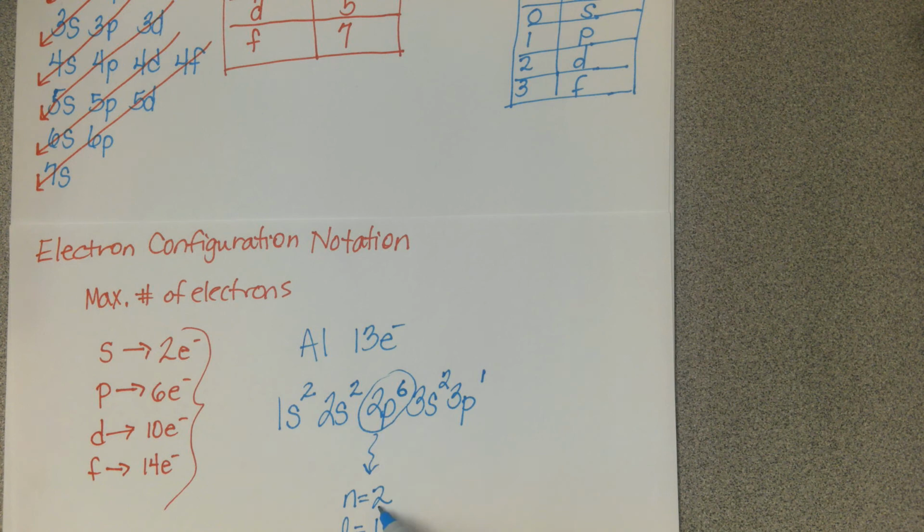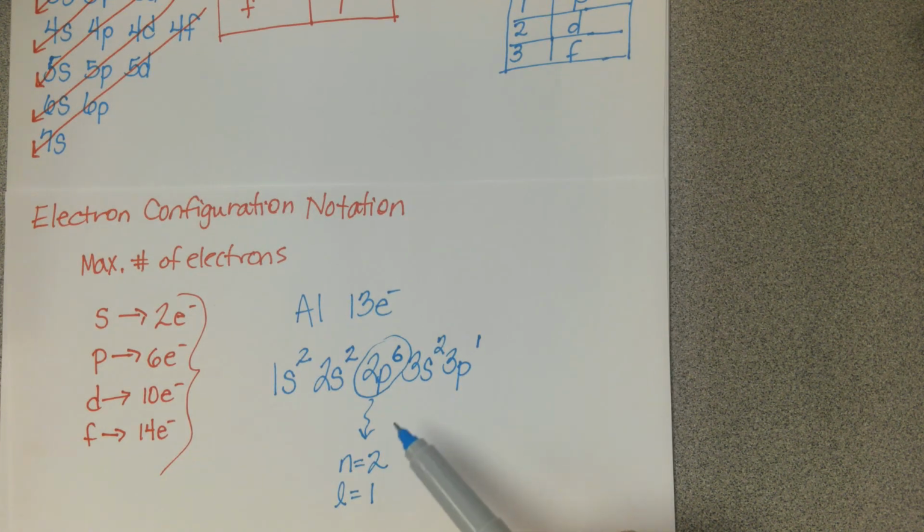Because 2 is my principal quantum number, and p, my sublevel, has an l value of 1. So those are really the only two quantum numbers that I know for sure about these 6 electrons. And since I don't show any more information than that, I can't assign the rest of the quantum numbers to any particular electron.